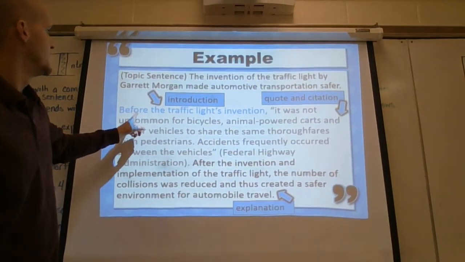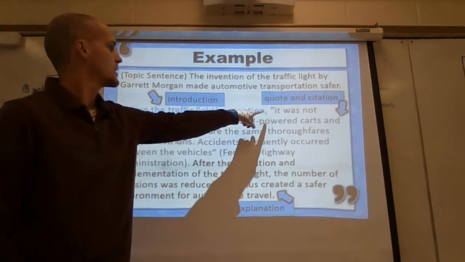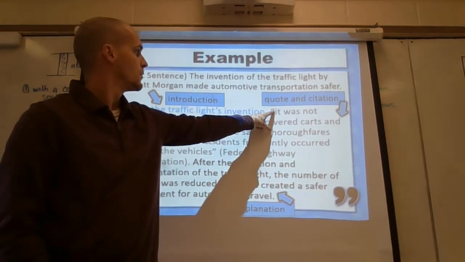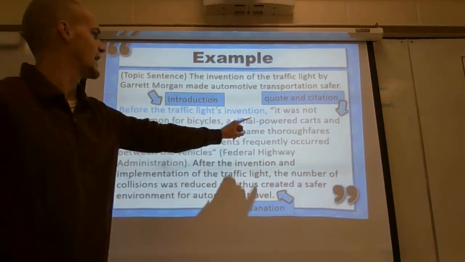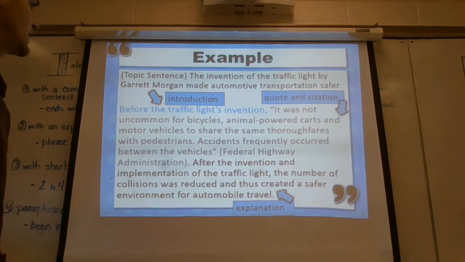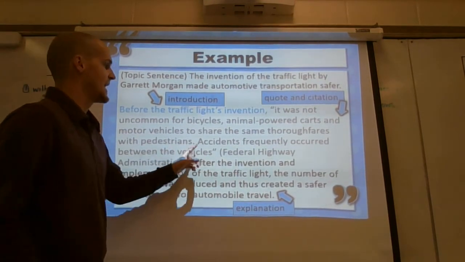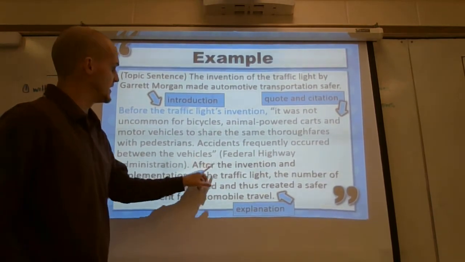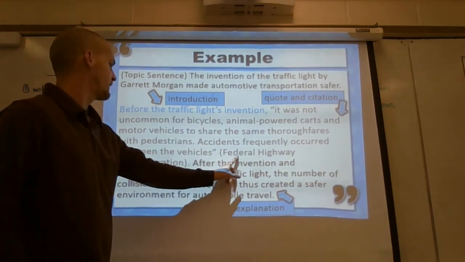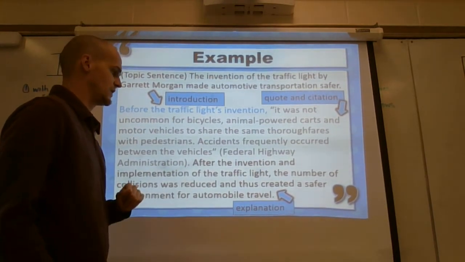All right. Before the traffic lights invention, that's the introduction, comma, quotation mark, it was not uncommon for bicycles, animal-powered carts, and motor vehicles to share the same thoroughfares with pedestrians. Accidents frequently occurred between the vehicles. And then you'll see parentheses here, Federal Highway Administration. Close the parenthesis, period.